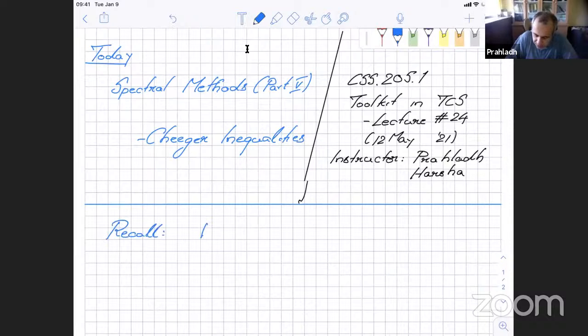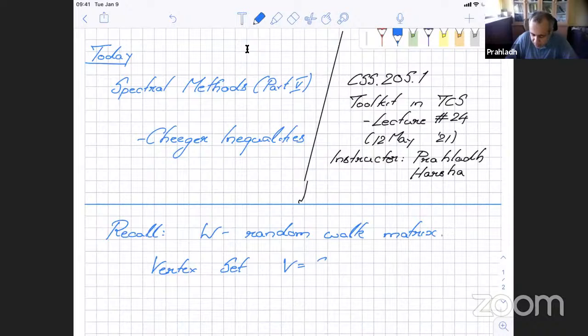We're working with this W, which is the random walk matrix. It has the features that, for the purpose of this lecture, let's assume the vertex set V is just the numbers 1, 2 all the way up to n.